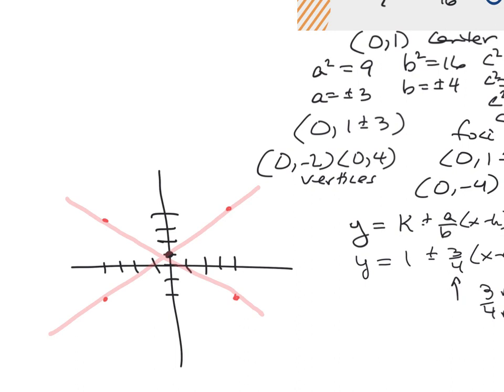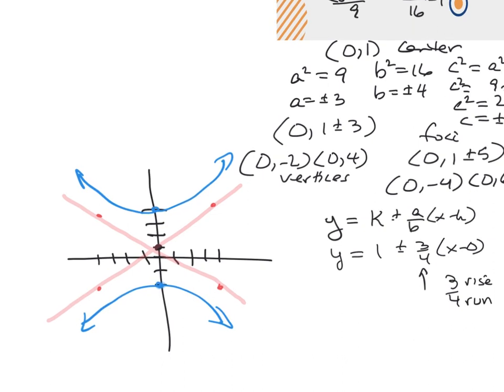Graph my vertices, 0, -2, and 0, 4. Use the asymptotes as the guide. It was vertical because I saw the y first. Also graph in the 2 focus points.